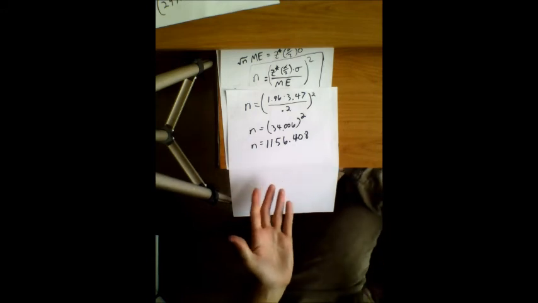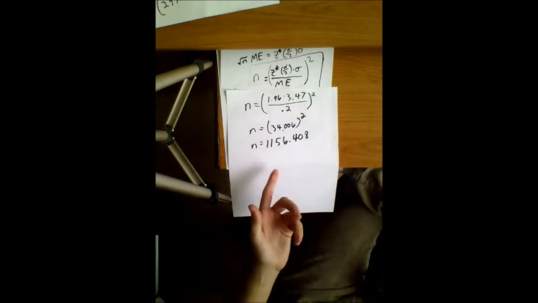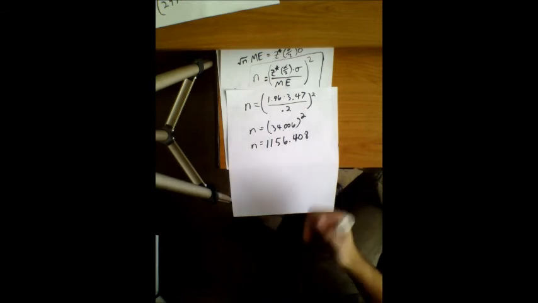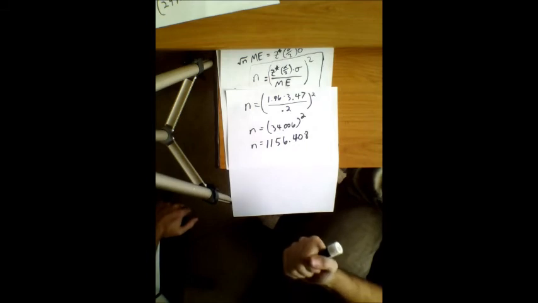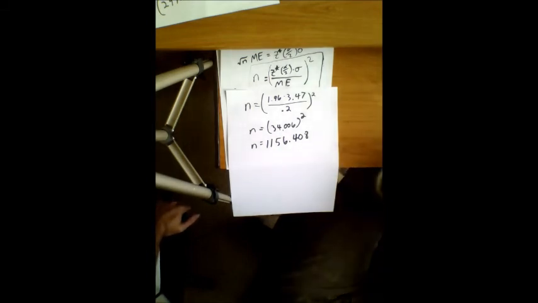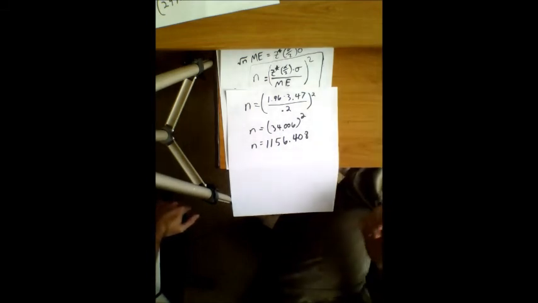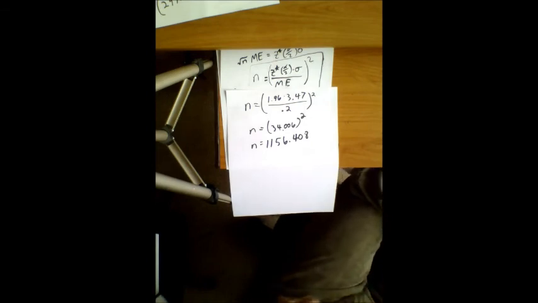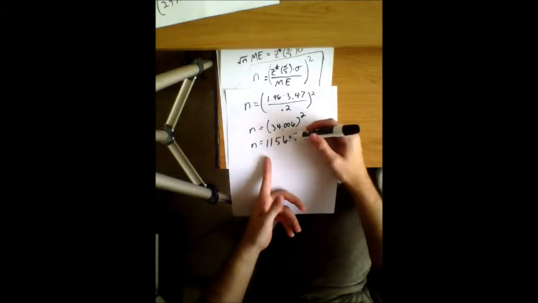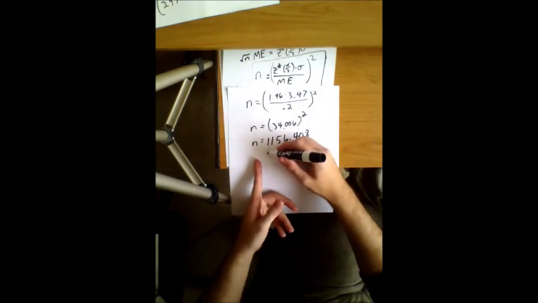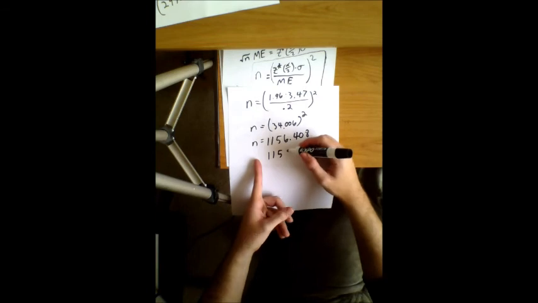Of course, we're not going to survey 1,156.408 people, so do we say 1,156 or do we say 1,157? We don't want to lose our confidence. If we survey less people, we're going to be less confident, right? So just to guarantee that we have this confidence, it's sort of saying, well, you need a little more than 1,156. So we actually do need to round this up to 1,157.